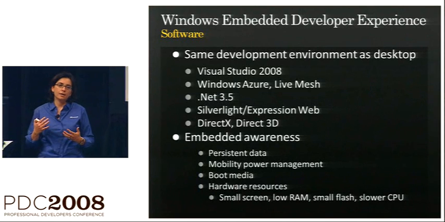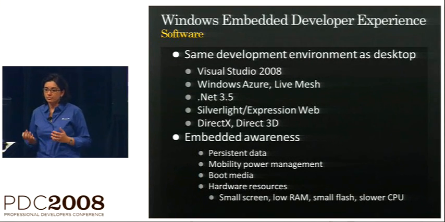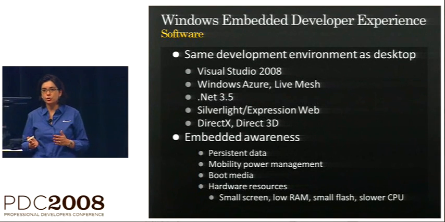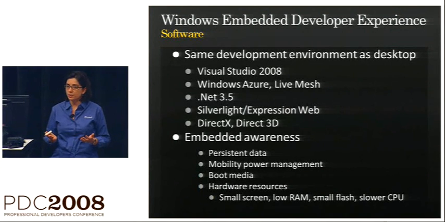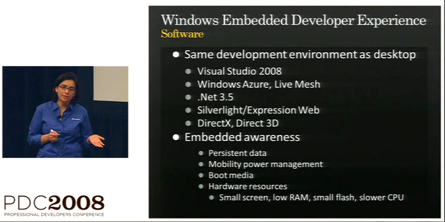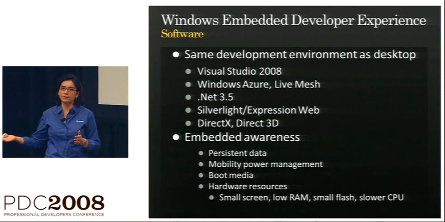you need to be aware of your writes. In general, embedded devices run on less RAM, on smaller flash chips or compact flash, and they also have weaker or slower CPUs compared to desktop. Somebody told me that on average, embedded devices trail the latest desktop technology by about 5 to 7 years.